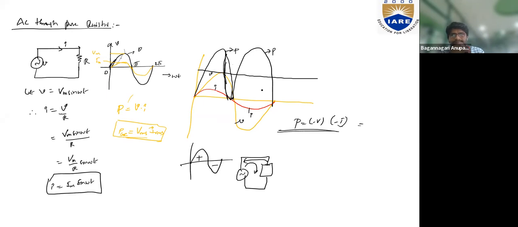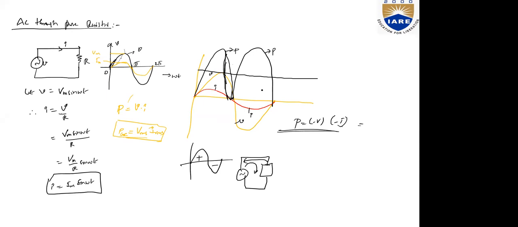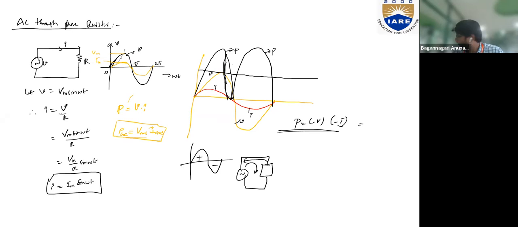Am I clear? So the resistance, or the load, is consuming the power continuously, and the average power is a positive value. Clear?